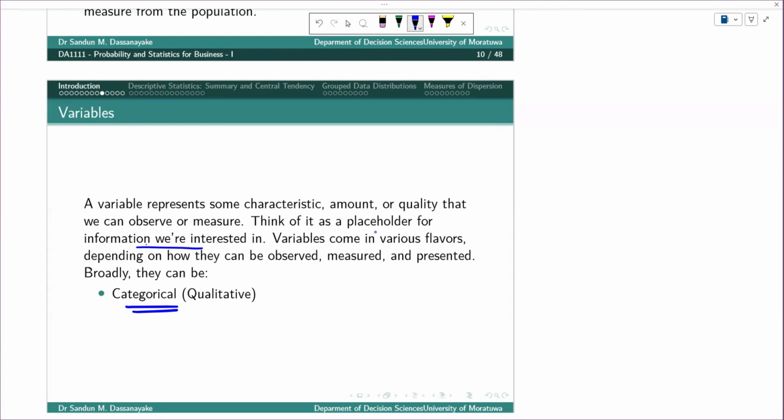It can be about gender, whether it's a girl or a boy, or it can be about ethnicity or, let's say, citizenship. It can be Australian, Sri Lankan, Indian. It's about a quality, some class.